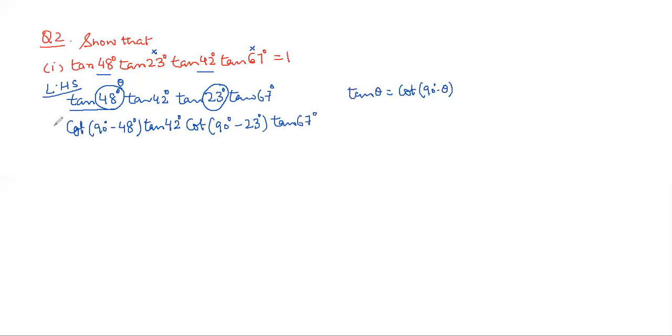So in this step, we have just applied the formula. In the next step, we will just subtract. So it will become cot 42 degrees into tan 42 degrees. Then again cot 67 degrees and tan 67 degrees.